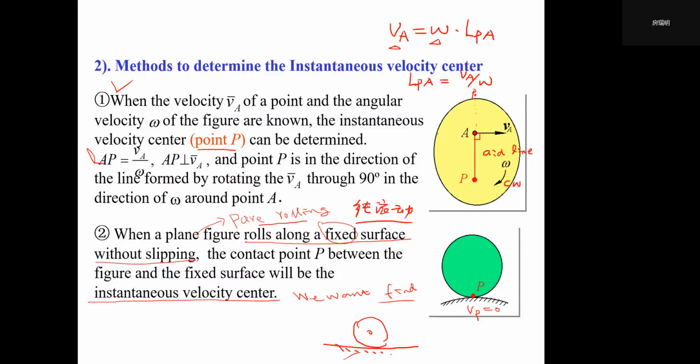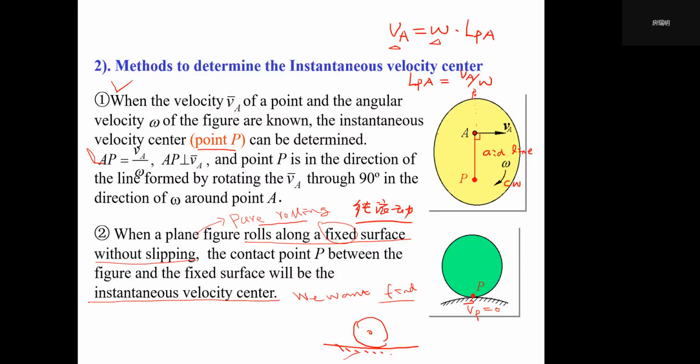So if this condition is fulfilled at the contact point between this plane figure and this fixed frame, there will be no relative velocity between these two things at the contact point. So at any time instant, this contact point's absolute velocity will always be zero. Because this is a plane figure, at any time instant it only can have one instantaneous velocity center. Then this point is the instantaneous velocity center.